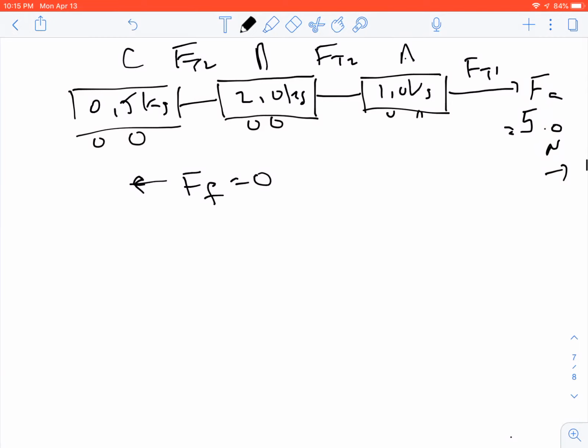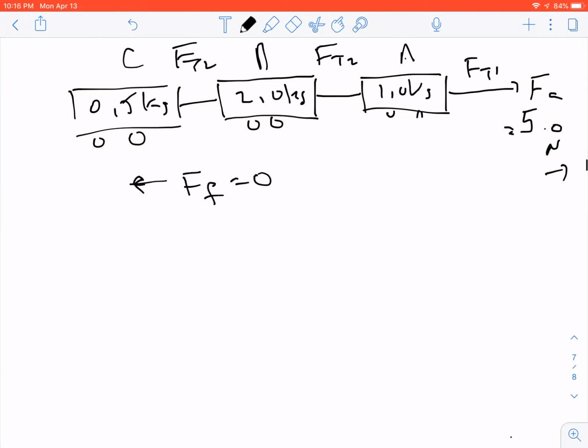The entire toy has a mass of 3.5 kilograms, because A is attached to B, which is attached to C. Remember last day I said whenever we've got a string, we're making 2 assumptions. One is the fact that the string has no mass, and number 2 is the fact that the string won't stretch.